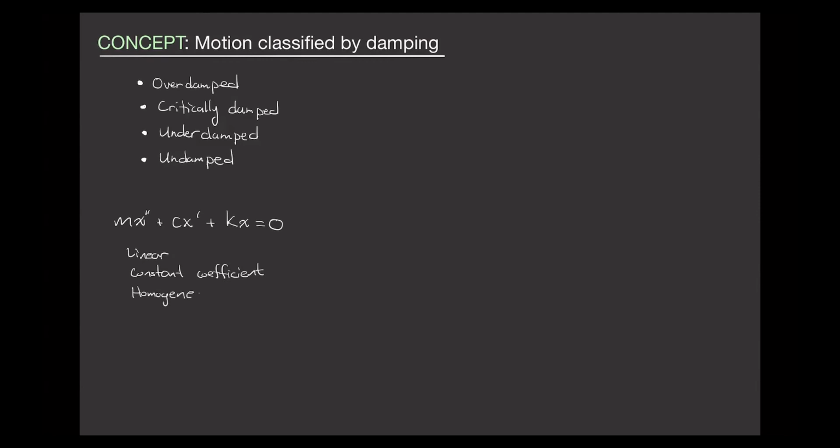And we know that in such a case, we have a characteristic polynomial, which would be mr squared plus cr plus k. That would be our characteristic polynomial p of r.